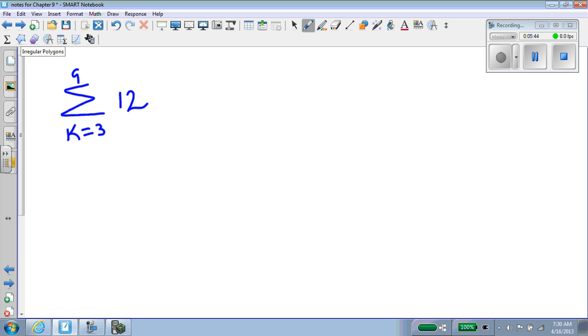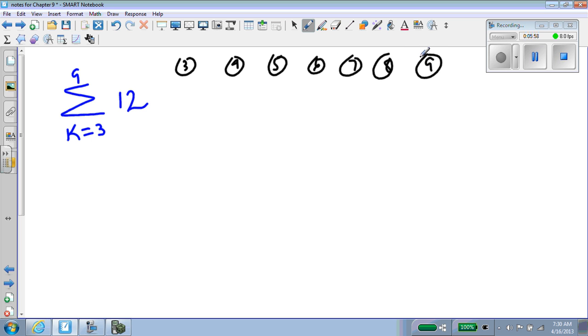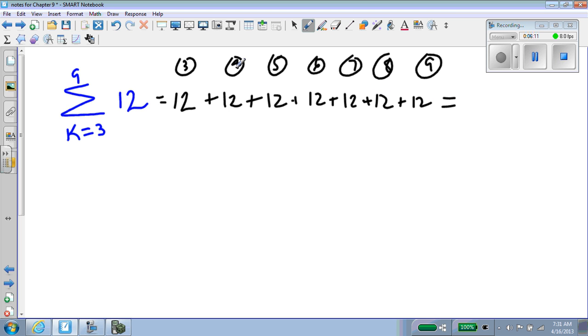Here's an interesting one. We want from the third term to the ninth term. So we want the third term, the fourth term, the fifth, the sixth, the seventh, the eighth, and the ninth term of 12. So we have 1, 2, 3, 4, 5, 6, 7 sets of 12.